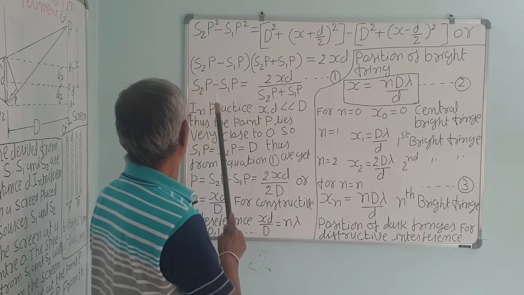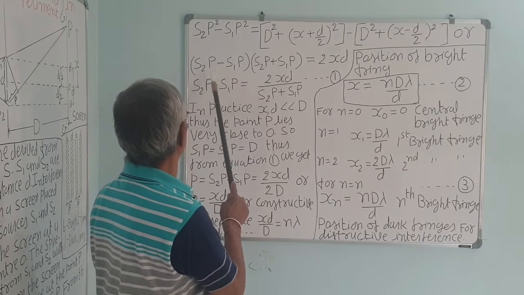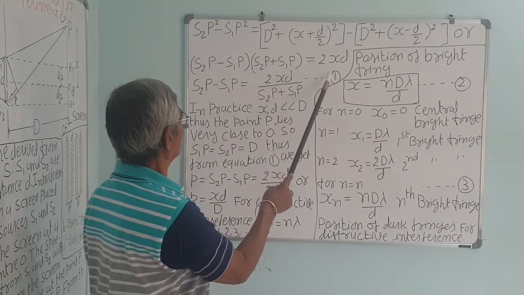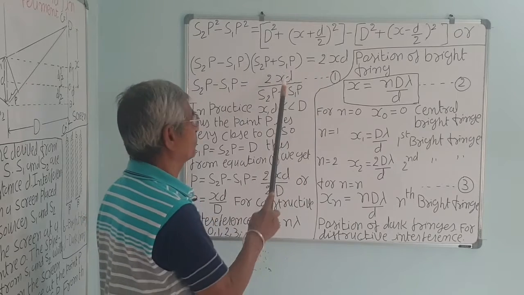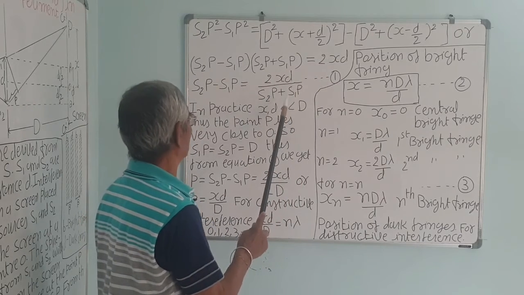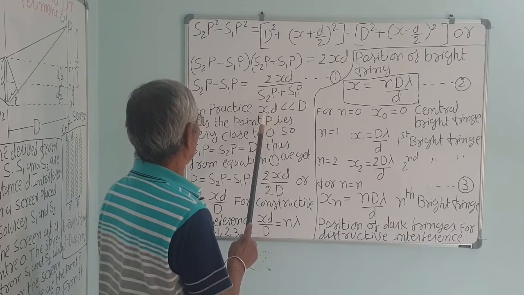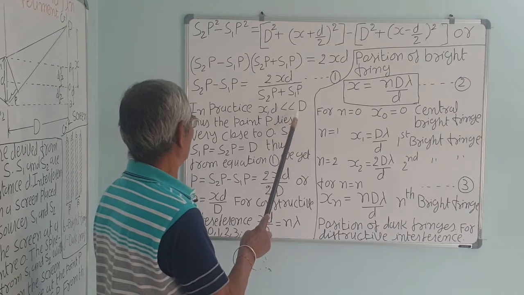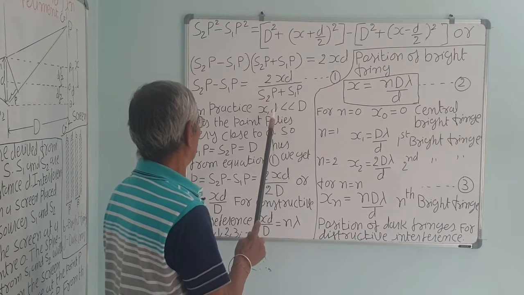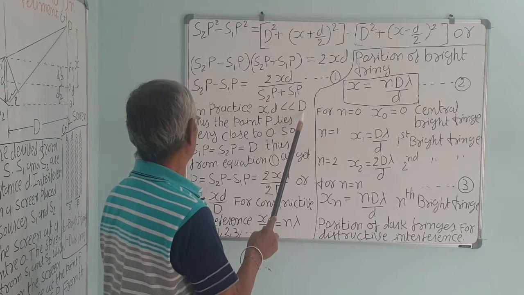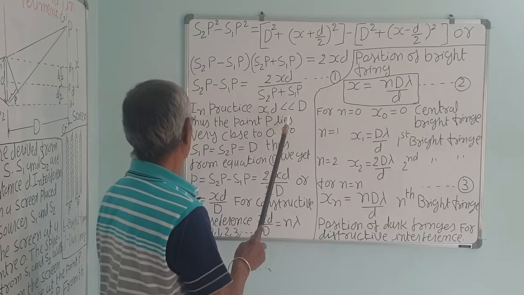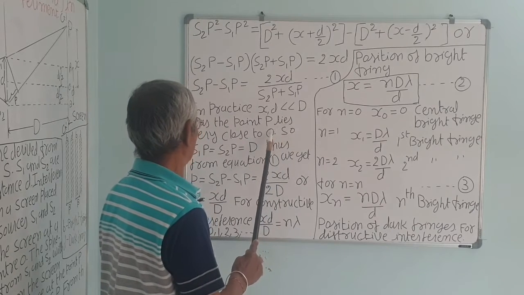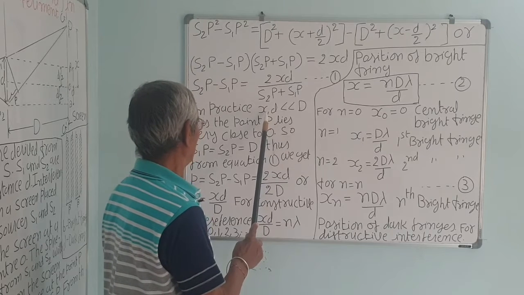This is the path difference p. Now we can write S2P minus S1P is equal to 2xd upon S2P plus S1P. Now x and d are very, very small with respect to D. Thus the point P lies very close to O, the x distance is very less.